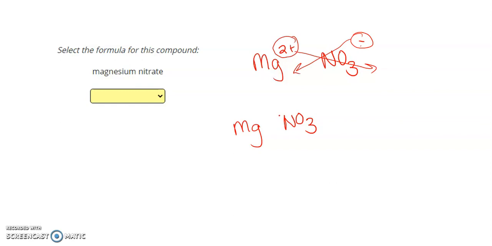What we do instead is we put parentheses around NO3. That says, hey, any number we put out here applies to this whole polyatomic ion. Then we take this 2, put it down there. So the formula is Mg(NO3)2. There are 2 nitrates for every 1 magnesium ion.